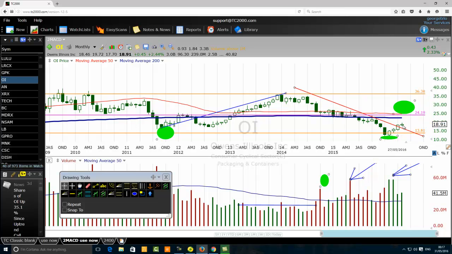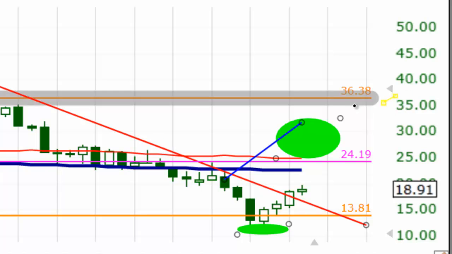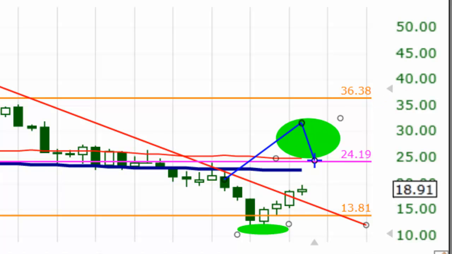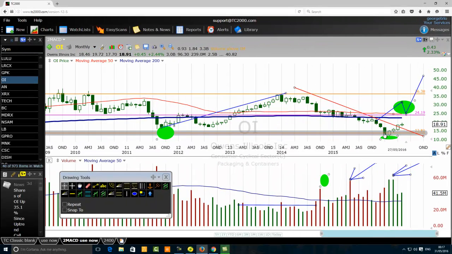So at this point in time, all we can say to traders is this: priority to bullish signal when the price breaks above the level of $24.19, retests it and confirms it as a support level. That's the only time that we can confirm that this is a bullish stock volume trade setup. It will become truly bearish, my friends, only if the price dips below the level of $13.